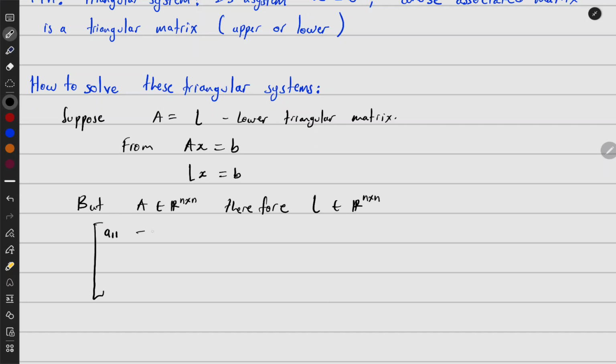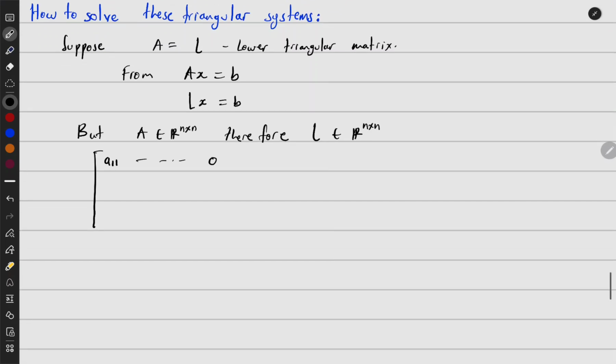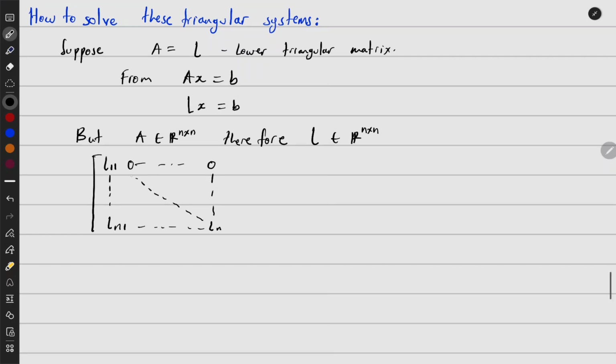This is L11, this goes up to 0 somewhere, this goes up to LN1, this goes up to LNN. The diagonal entries will be there, but all the remaining ones are 0. Let me put the indices such that people can follow this in their mind very well.